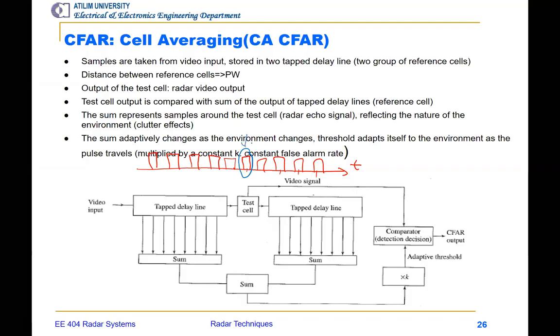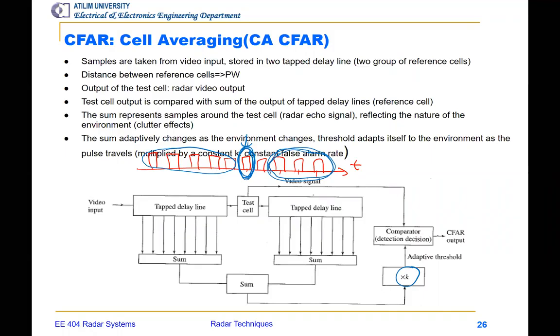In order to make a decision regarding this pulse, I consider all these pulses and these pulses, get their average, and then multiply by a k factor that I tune, and then compare that with the test cell.